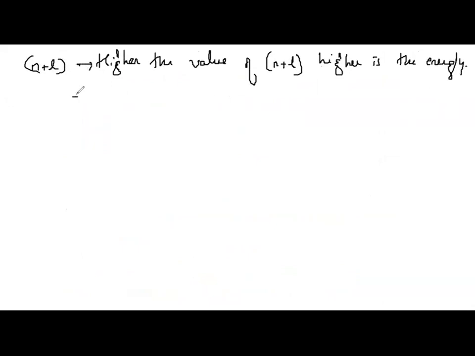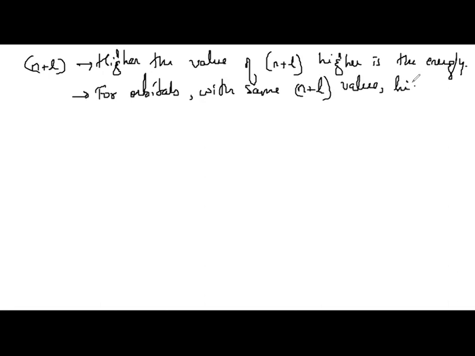Next, this is the first concept. For orbitals with the same n plus L value, higher the principal quantum number n, higher is the energy. Correct? So let us take option A.